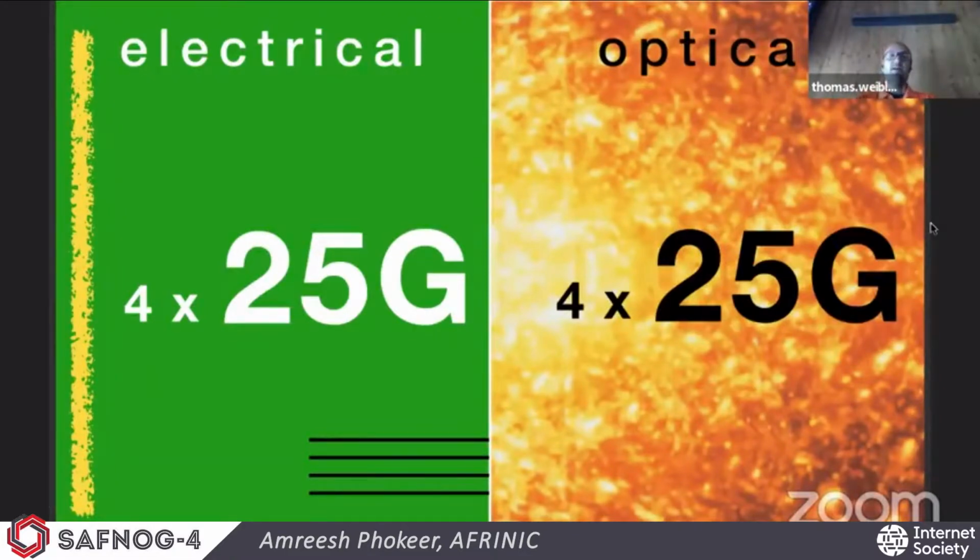Open up a 100 gigabit transceiver. We see 2 main components in there. On the left side, you see the electrical components, having there 4 times 25 gigabit connecting to the optical side on the right side, also with 4 times 25 gigabit. This is basically the setup of today's 100 gigabit transceivers.